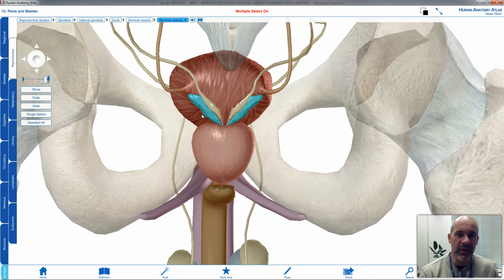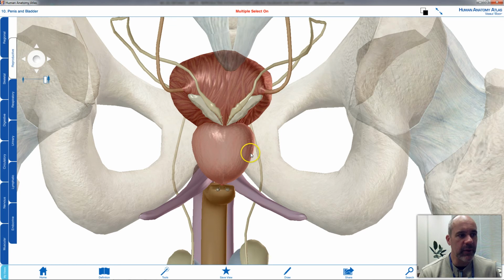So semen is going to contain the sperm cells that have worked their way through each vas deferens, but that doesn't contribute a lot of volume to the semen that actually gets ejaculated out of the male. 70% of the volume of the semen comes from the seminal vesicles. And over on the physiology side, we'll talk about the contents of the secretion of these seminal vesicles.